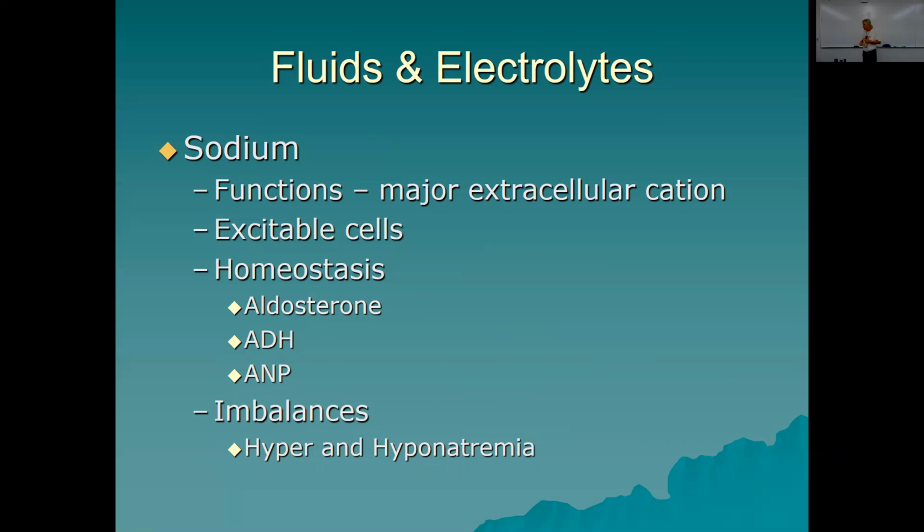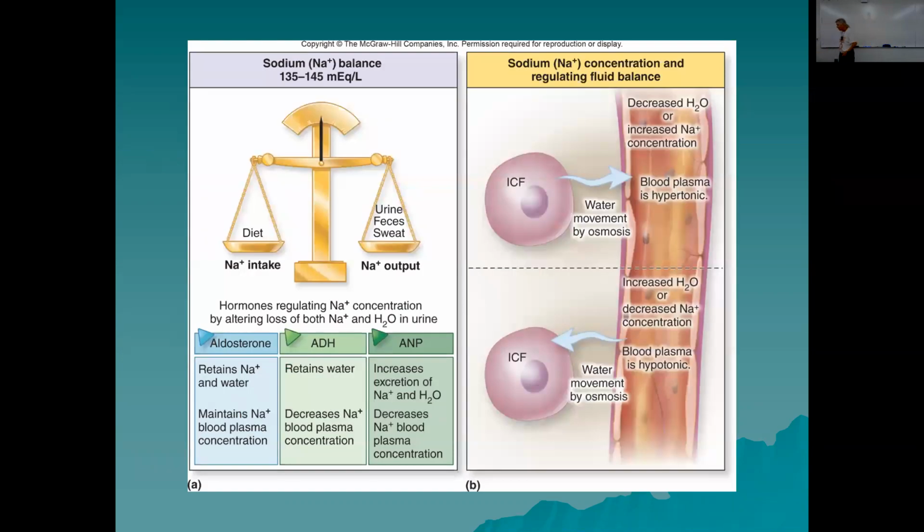The imbalances are called hypernatremia and hyponatremia. I've already mentioned hyponatremia. It's overhydration. So even though it's way too much water, you can look at it as way too little sodium. So hyponatremia really means too little sodium. Hypernatremia is too much sodium. Here is the scale for sodium.